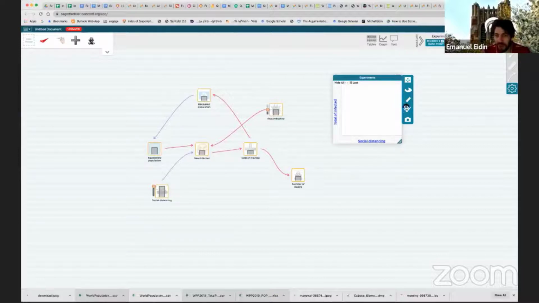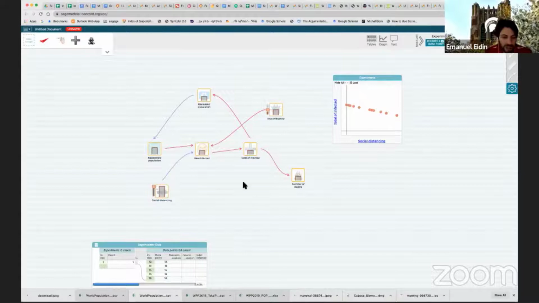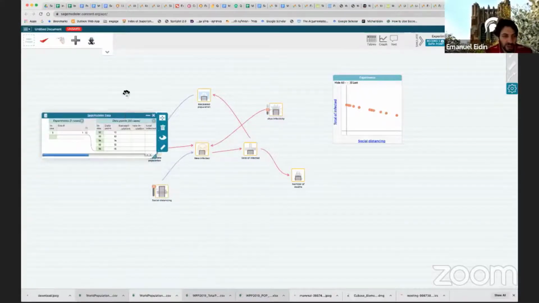So here I created a graph, but how do I record this graph? I can record it. Let's start with no social distancing, and I go to record, and I go up, I go down, I go up, I go down, I go up. Let's say people are actually listening to the guidelines and keep social distancing.